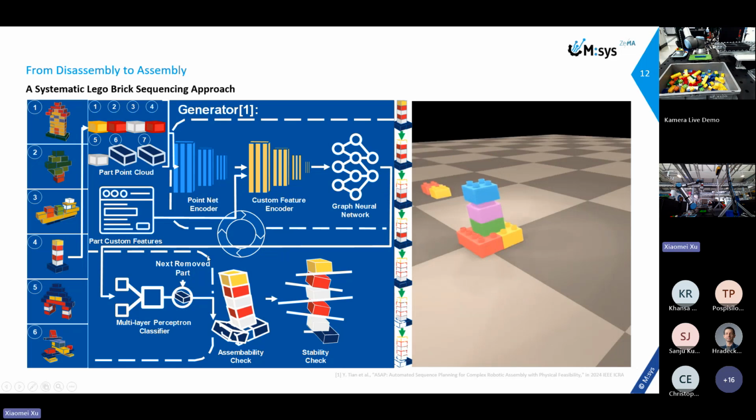The generator is shown here with the point cloud, the customized feature encoder, the graph neural network, and the multi-layer perceptron classifier. The generator will receive the components and determine the Lego assembly order.